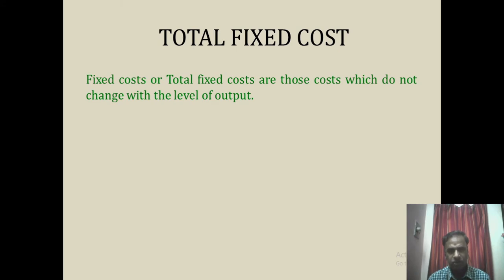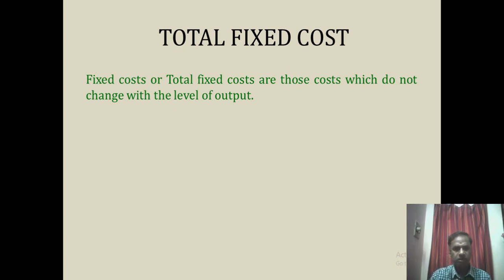Even at the zero level of output, these costs will be the same. Even at the increased level of output also, these costs will be the same. The costs which do not change with the level of output are known as total fixed costs.